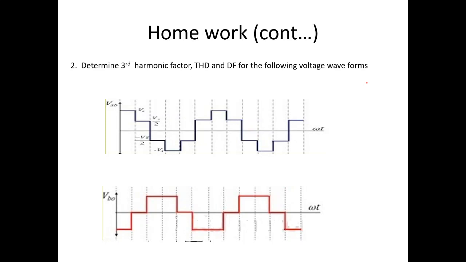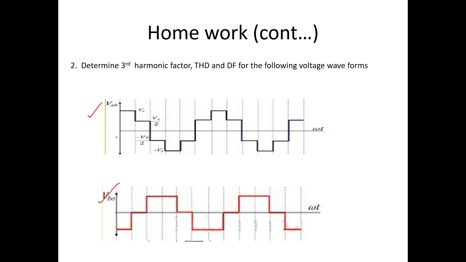Now one more problem. If you look at these particular wave shapes, these are the waveforms of three phase rectifiers. This is the line voltage of the three phase bridge rectifier in 120 degrees mode operation, and the second one corresponds to 180 degrees mode operation.